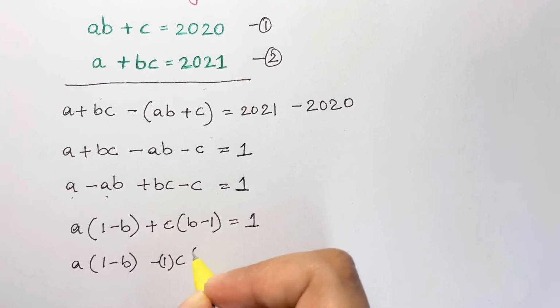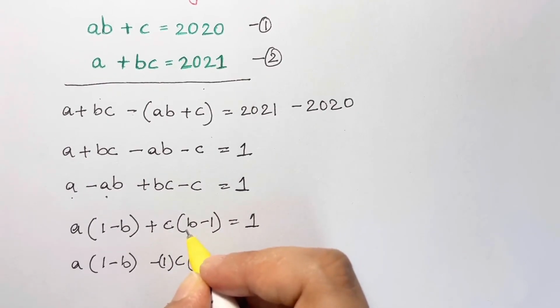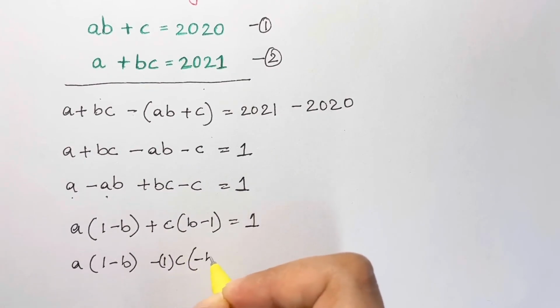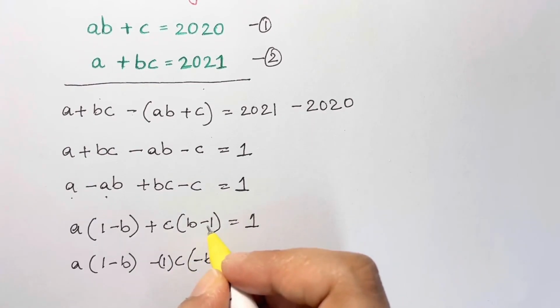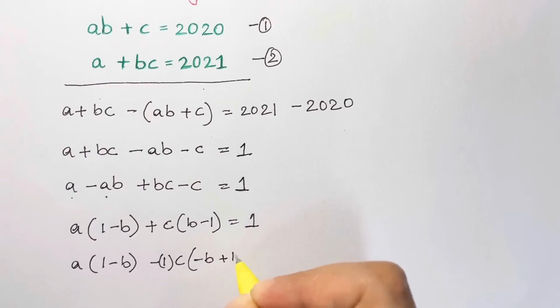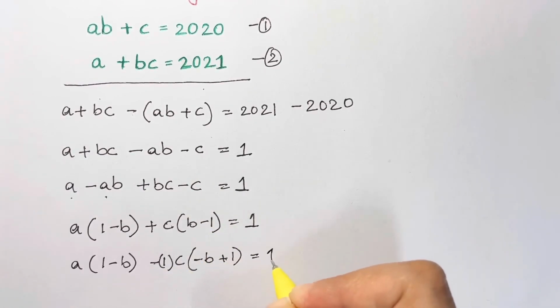So I have minus 1 which I've taken outside. Then I have C. Now minus and minus can make this B positive, so I'll have to put minus B. Minus into minus is plus B. Now again, minus 1 into something should give me minus 1, so that will be plus 1. Minus into plus will make it negative, is equal to 1.